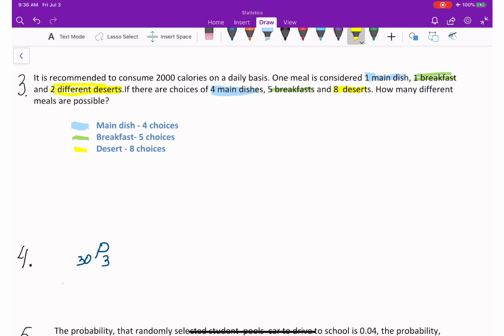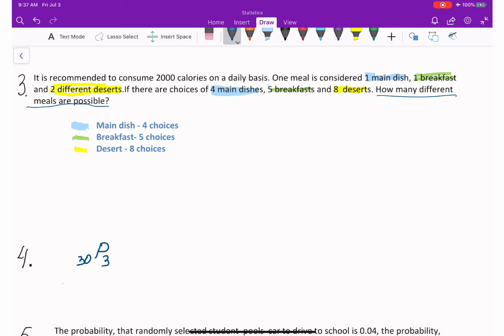Okay, so from here, we are going to find out how many different meals are possible. Is order important? I'm not talking about eating. Of course, eating order is important. You won't eat chocolate first and then dinner. But as to me, when it comes to chocolate, it doesn't matter when I eat chocolate.